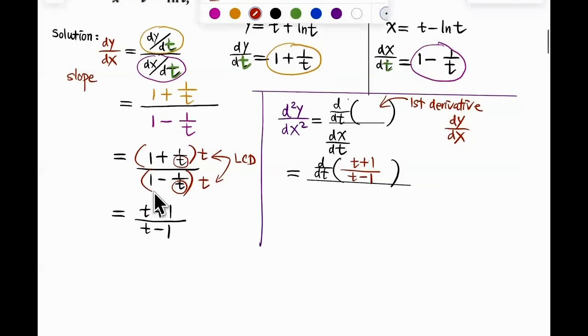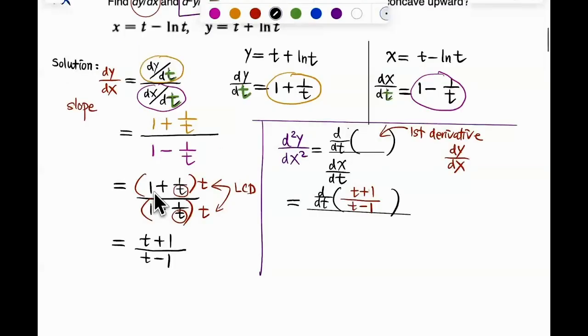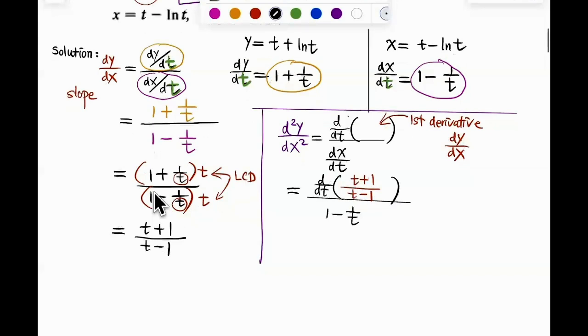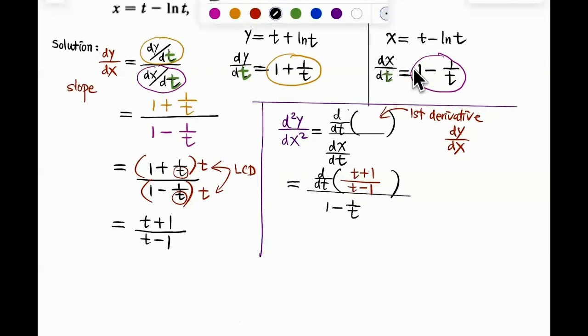And then down here is dx/dt, which is what? We found that dx/dt, yes, it's going to be 1 minus 1 over t. It's this one over here. dx/dt is 1 minus 1 over t.